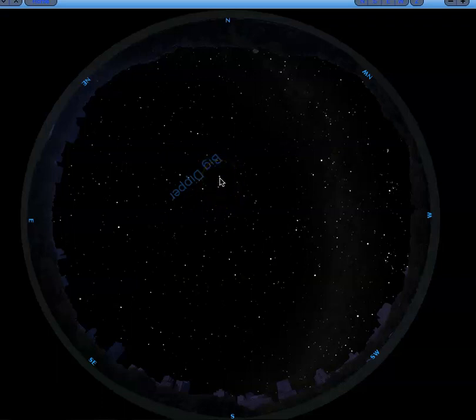If you follow the line that they make, they will point you in the direction of Polaris. Here's our pointer stars pointing us to Polaris.